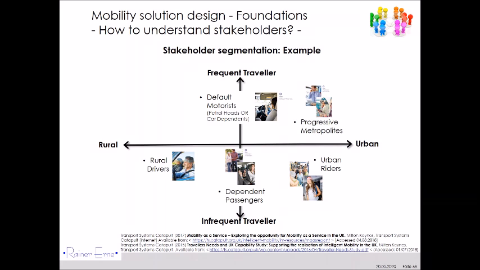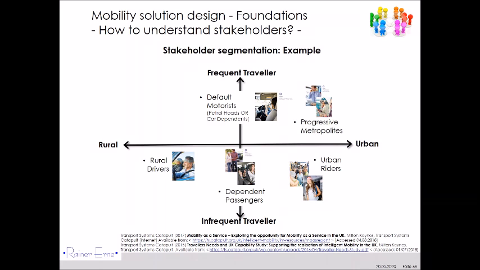This is one example for traveler or commuter segmentation according to two segmentation criteria: the frequency of traveling and if they come from rural areas or if they live in the city.